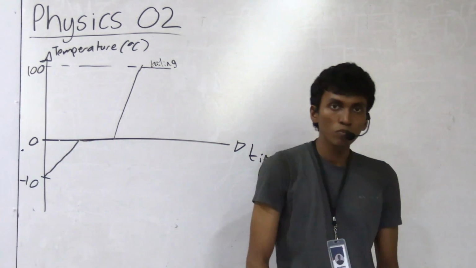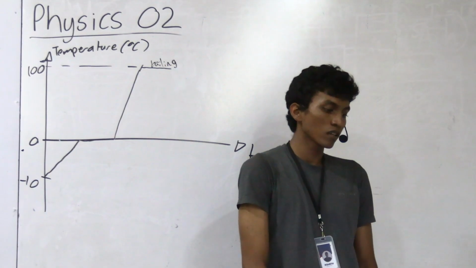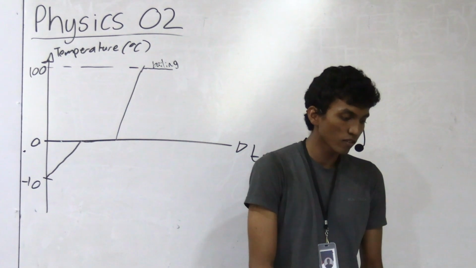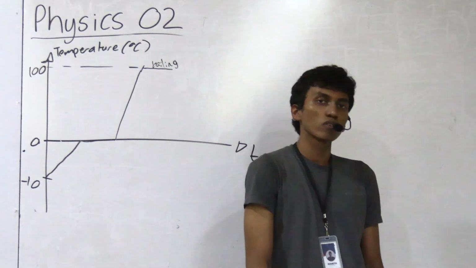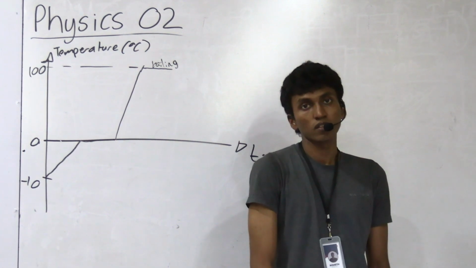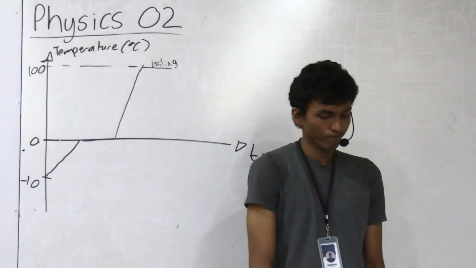Since there is a vacuum between the sun and the earth, the other forms of heat transmission cannot happen. Conduction requires some sort of material medium. Convection requires either a gas or a liquid. Since nothing is present between the sun and the earth, it's obviously got to be radiation. So the answer is 1.